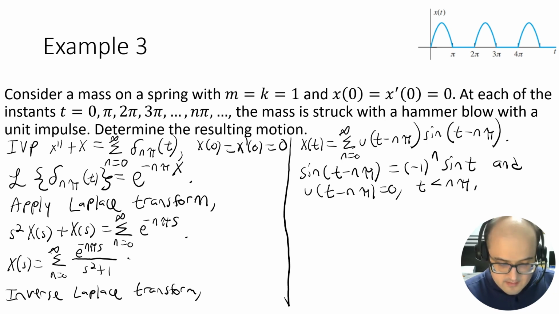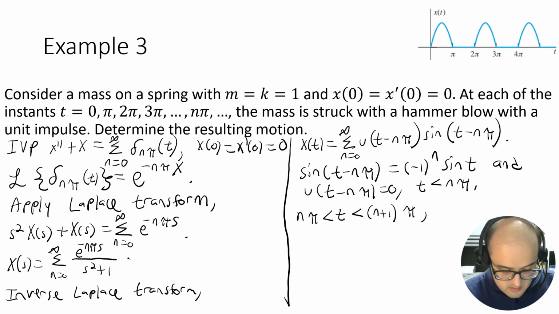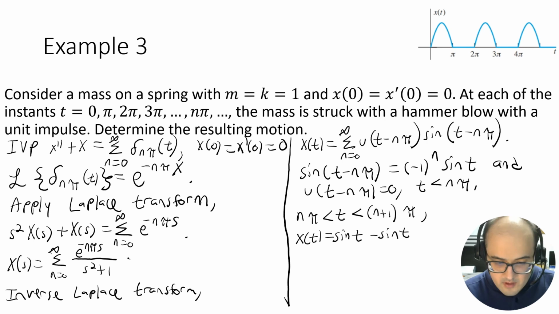So, as long as t is between n pi and n plus 1 times pi, we could write our function as x of t is equal to the sine of t minus the sine of t plus the sine of t.